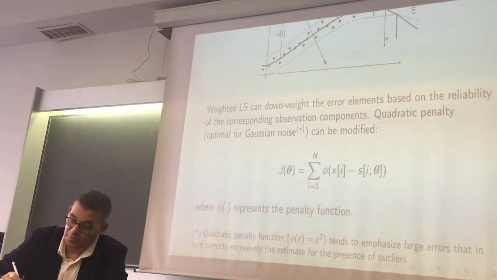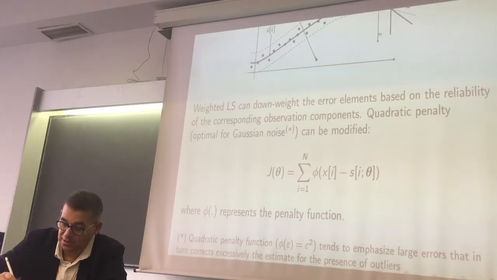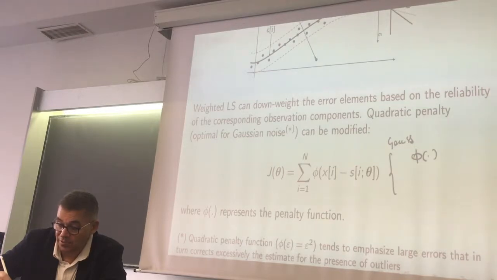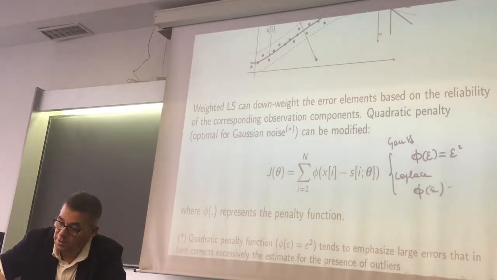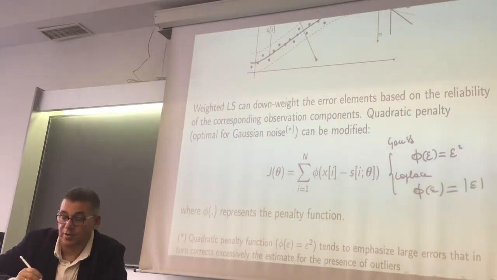Now, let me just map it back. In case of Gaussian, phi of epsilon is equal to epsilon squared. In case of Laplace, phi of epsilon is equal to the absolute value.